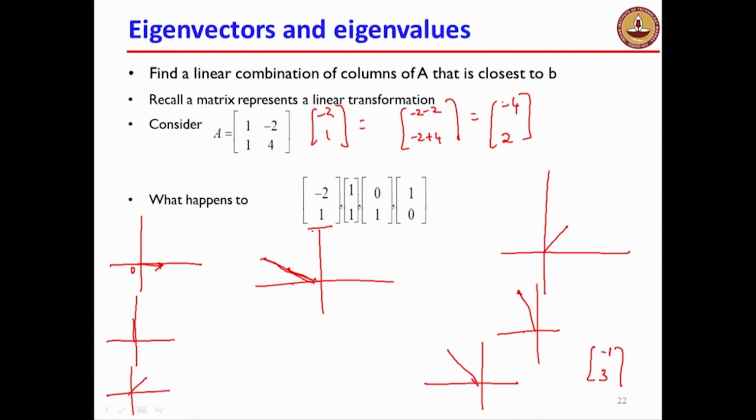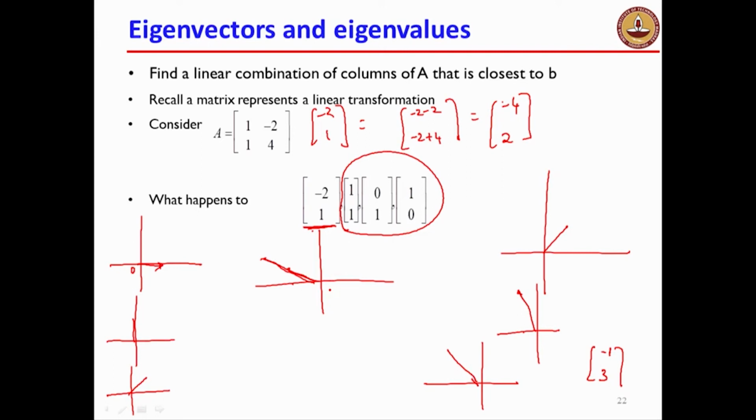Now, can you notice one property which is shared by one vector, but it is not shared by the other three vectors? All of these three vectors, after transformation, are getting rotated. This vector is not getting rotated. It has changed in length, but it has not got rotated.